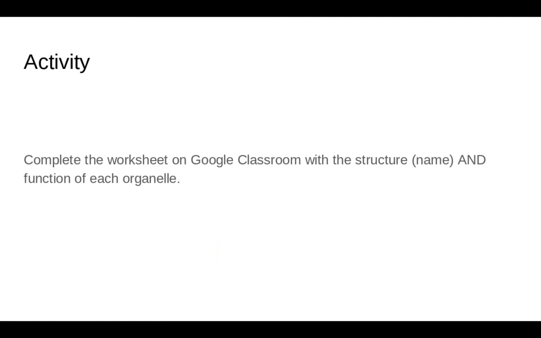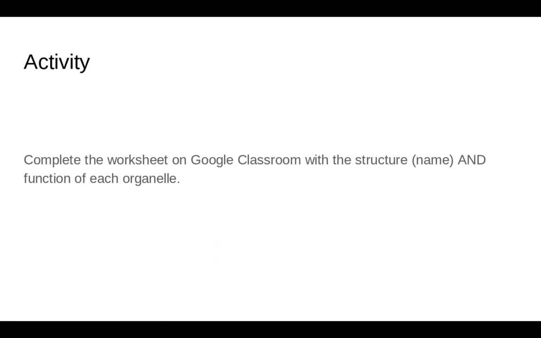So that is the end of our organelles. So what I would like you to do, on Google Classroom, you'll see you have the same worksheet as yesterday. Now, yesterday, you only wrote the name of the organelle. Today, I want you to write the name and the function. So that's the name of the organelle, for example, nucleus, and then the function, store DNA, or DNA inside, okay?